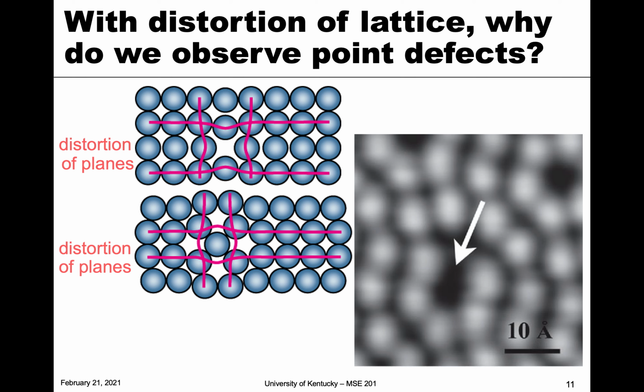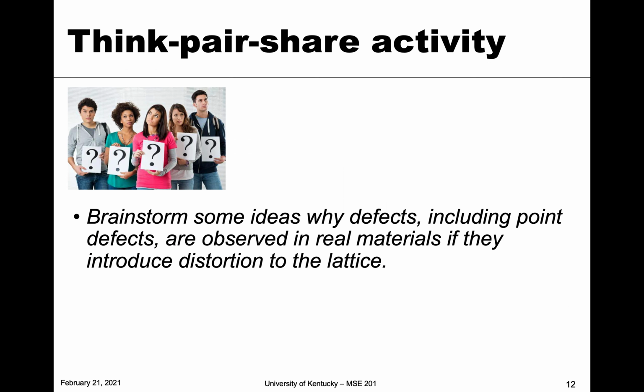So keeping in mind these things that we envision in a lattice, imperfections, and that they actually exist, what I want you to come up with is why. I want you to brainstorm some possible ideas why defects exist. It doesn't have to just be the ones we talked about, but we talked about point defects.